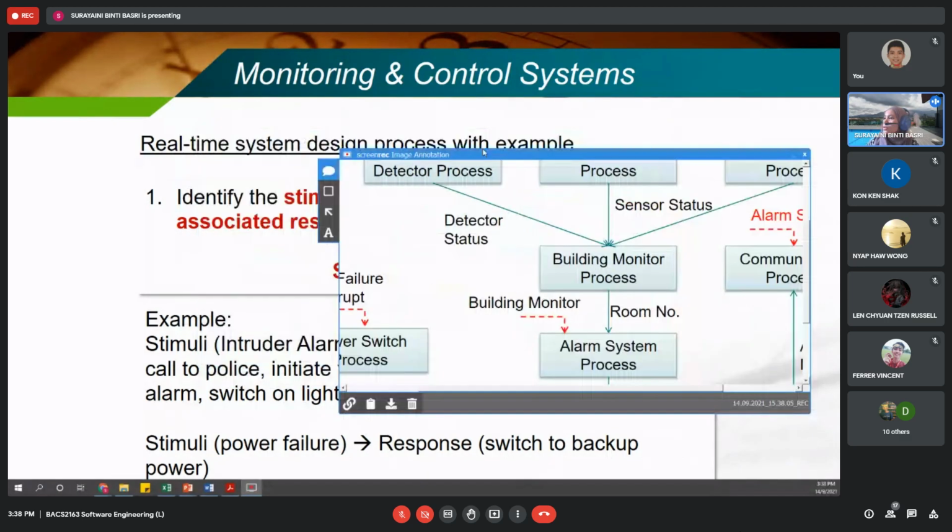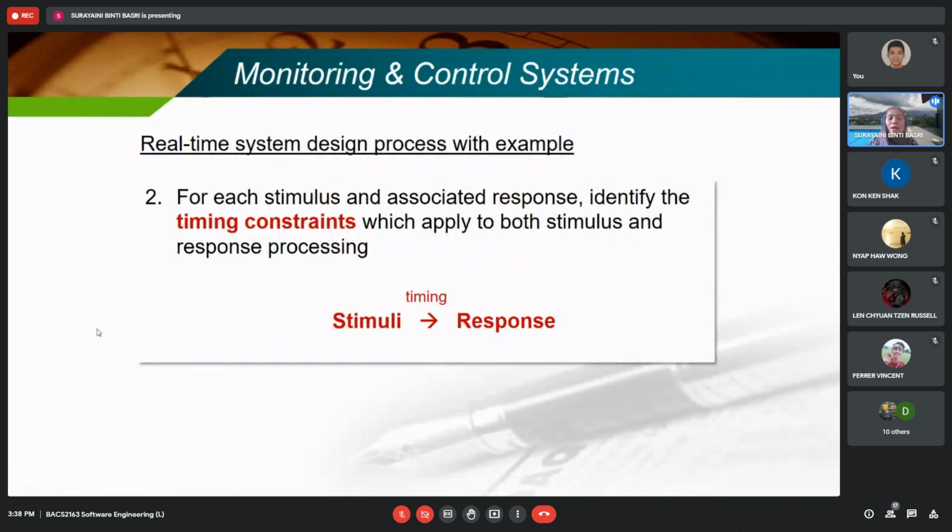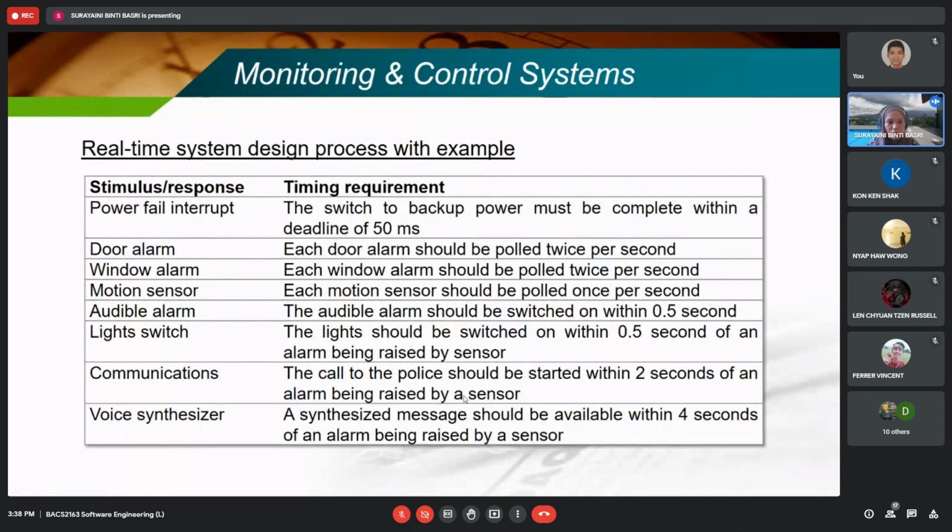Okay, so after that, the second stage is to identify the time constraint. Okay, so for the stimuli, how much time is needed for the response to be given. Okay, so we need to identify it. For example, this one.